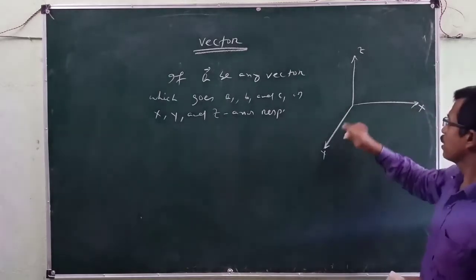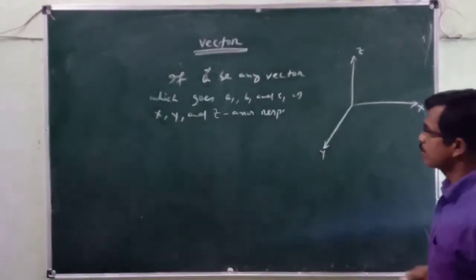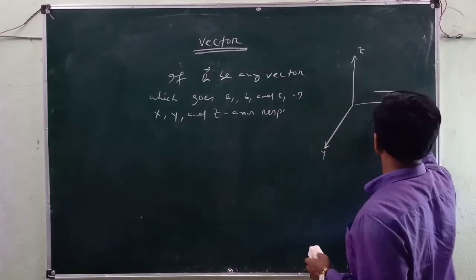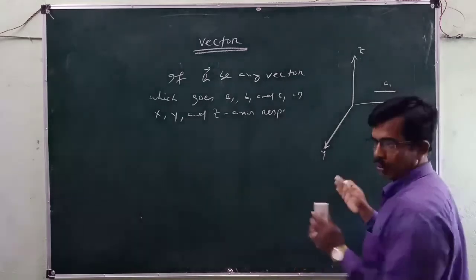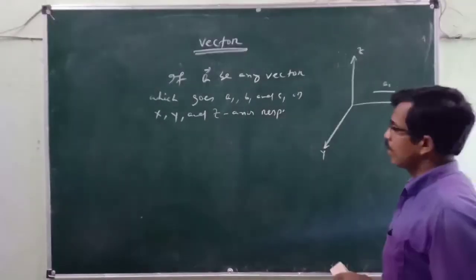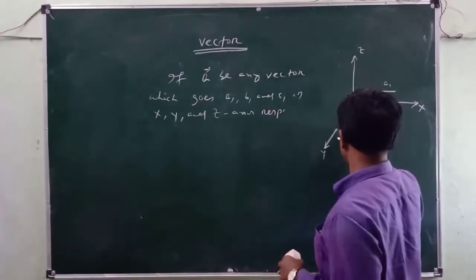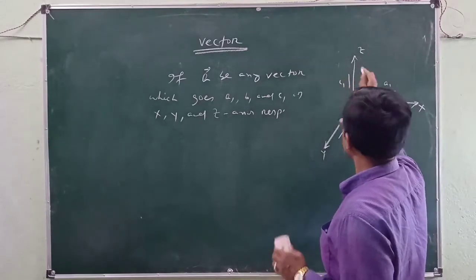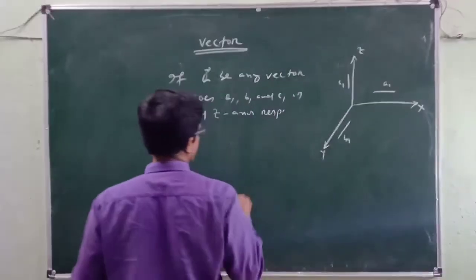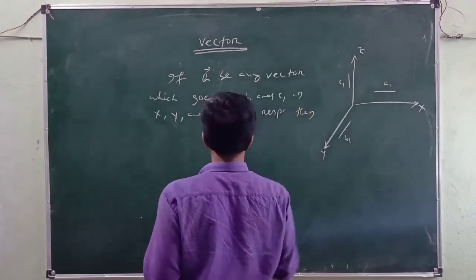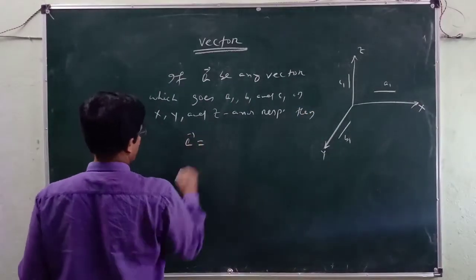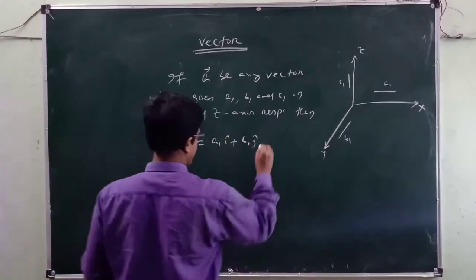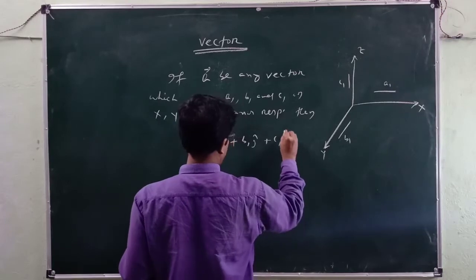X axis, your Y axis and this is your Z axis. Now I write a vector if it goes A1 length in X axis and B1 in Y axis and here C1 in Z axis, then your A vector will be A1 I cap plus B1 J cap plus C1 K cap.